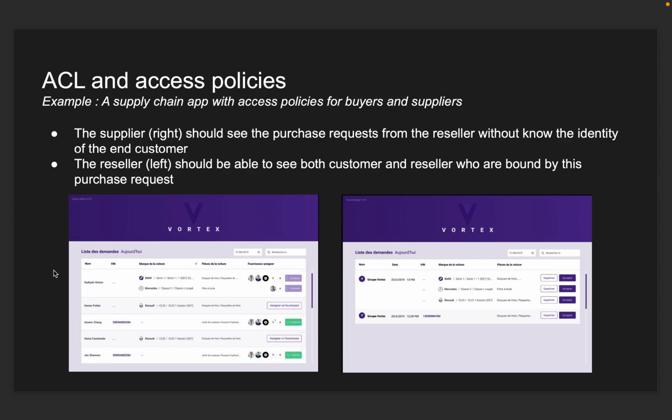So the supplier on the right should know that the platform or the reseller of the platform has a customer who needs spare parts for these cars, and on the other hand, the person who is managing the client account knows everything. He knows who's the client, the end customer, who the supplier is, what their price is, and what's being bought or sold. With Meteor, it was so easy to do this.